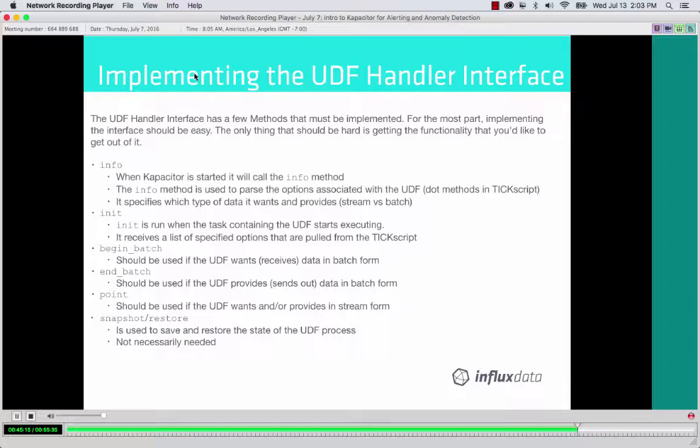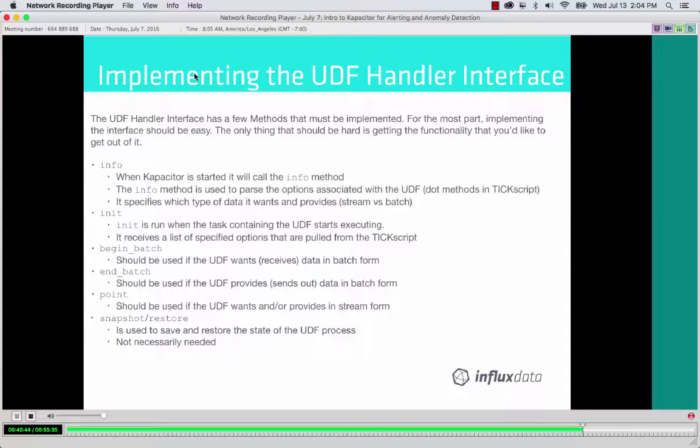The interface has a suite of methods. One of the methods you must implement is the info method. The info method is called when Capacitor is started, and Capacitor uses it to parse the options associated with the UDF, those dot methods in TICKscript.